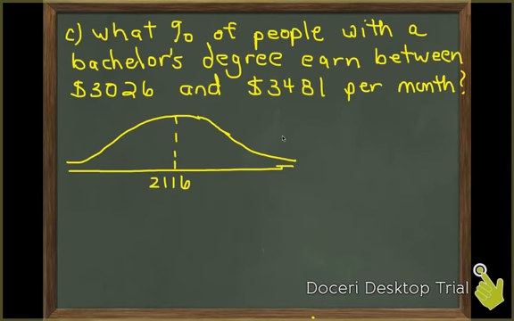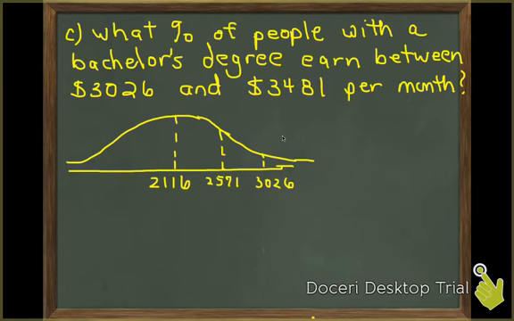Let's look at our third example. What percent of people with a bachelor's degree earn between $3,026 and $3,481 per month? So if we look at where our standard deviations lie, one standard deviation above the mean is at 2,571. 2 standard deviations is at 3,026.